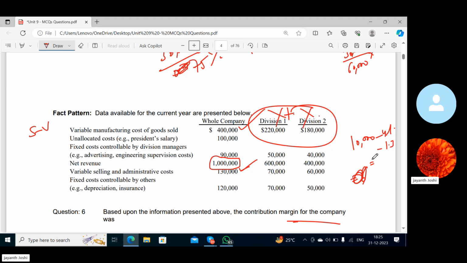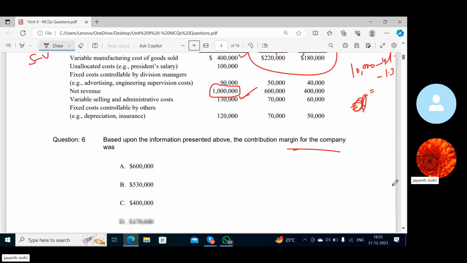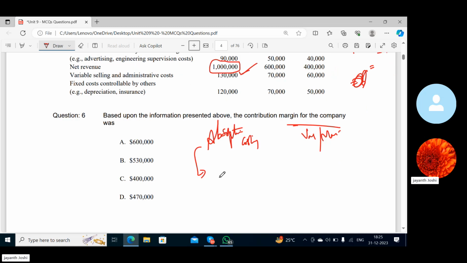See, now for this question I will give you some good amount of information. There are two types of costing: absorption costing, and variable costing or marginal costing. In absorption costing, what would you take as product cost?